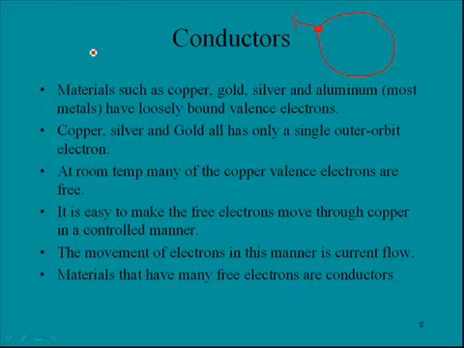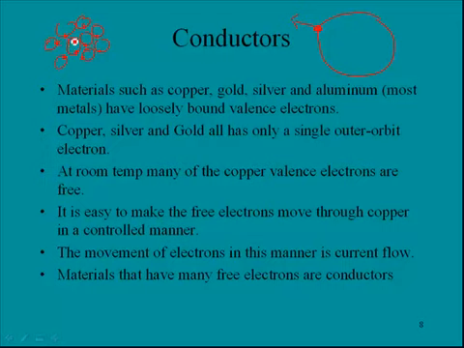If you have a whole bunch of copper atoms together and they all have their little valence electron within the copper, at room temperature you're going to have the movement of these electrons.